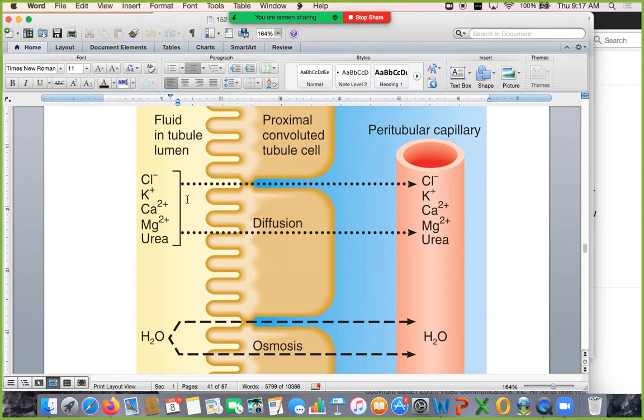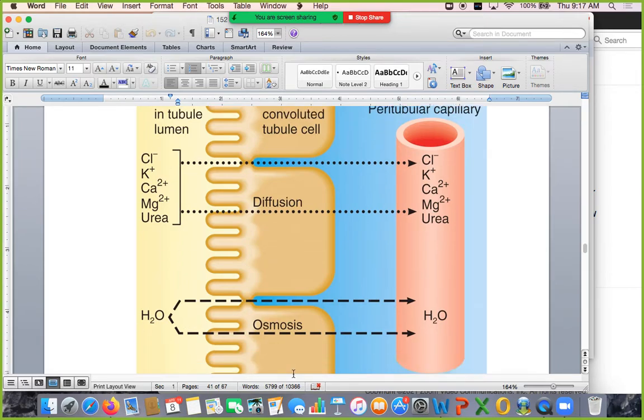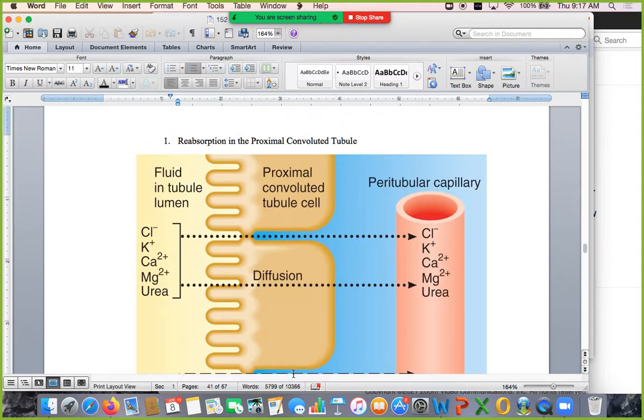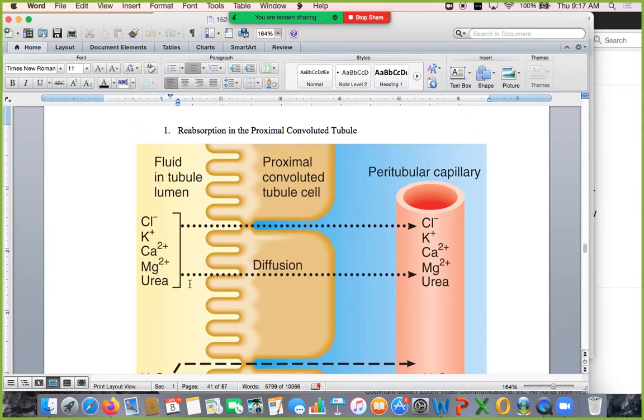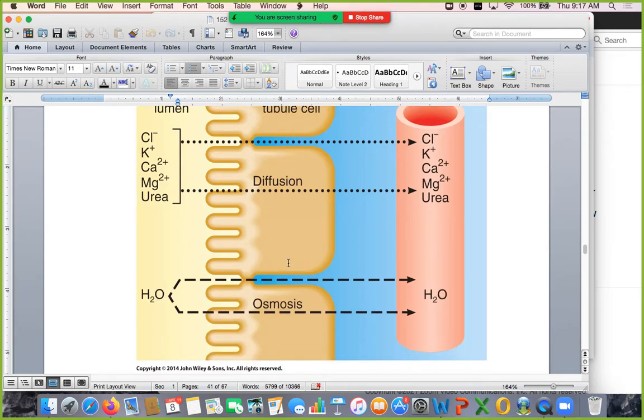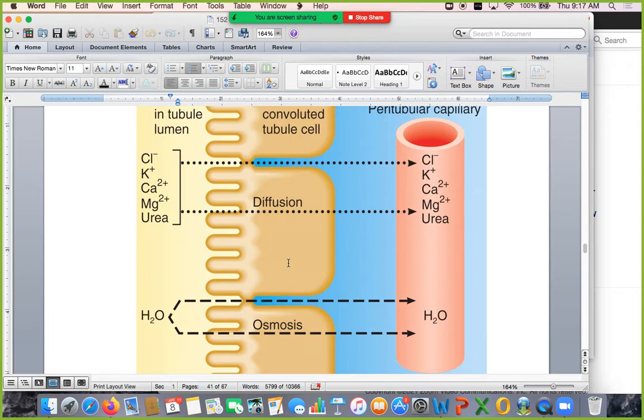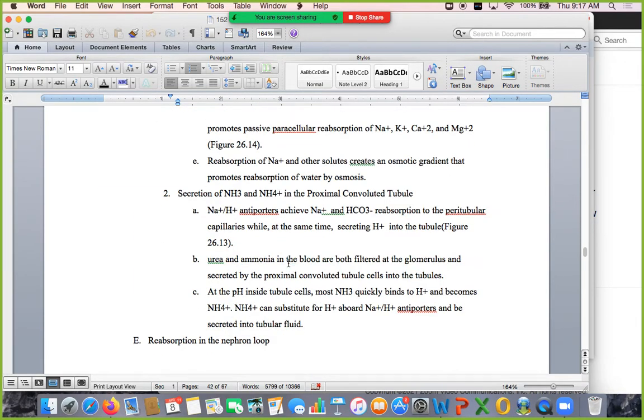Some of these are going to be able to go by simple diffusion. Some of them can go by osmosis, namely water, obviously, is the only thing that goes by osmosis. Mainly everything's going to happen by diffusion, but sometimes it can diffuse in between cells, and sometimes it can diffuse across two sets of membranes, like through the cell. Either way, we're getting resorption into the peritubular capillary of things like chlorine, potassium, calcium, magnesium, and urea.